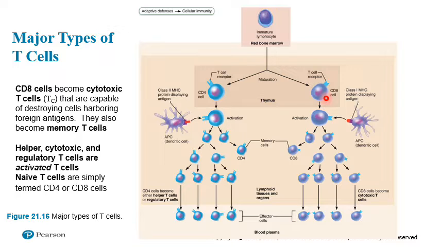They turn into a helper T cell. CD4s will turn into helper T cells, and the CD8s will turn into cytotoxic T cells. CD4s can also turn into suppressor T cells. So your helper, cytotoxic, and regulatory T cells are already activated T cells. Naive T cells are called just plainly CD4 or CD8 cells, just like what I said.